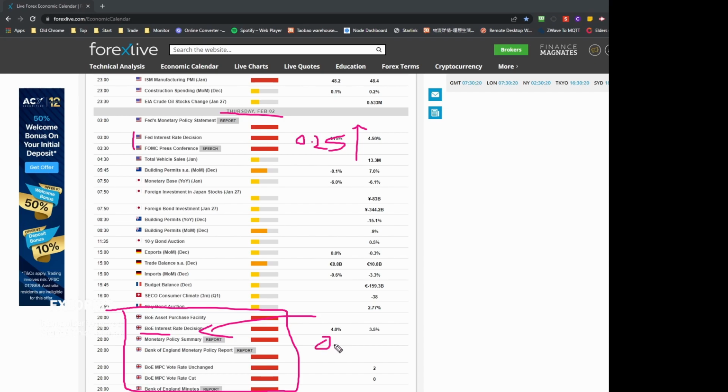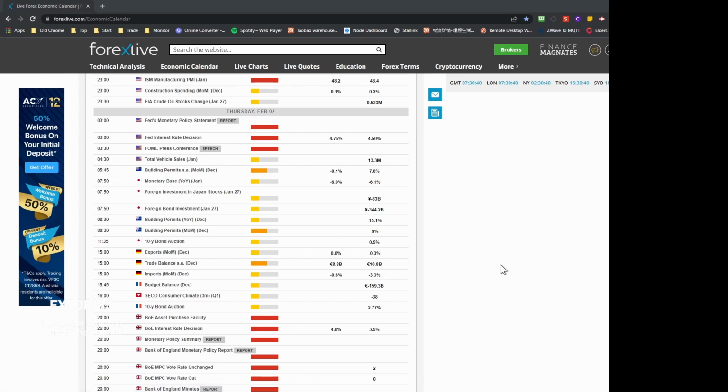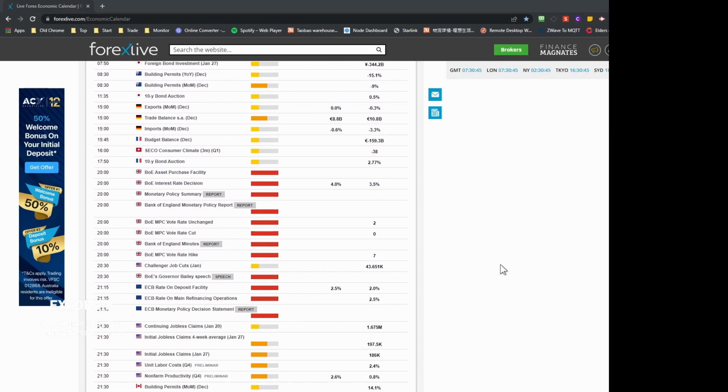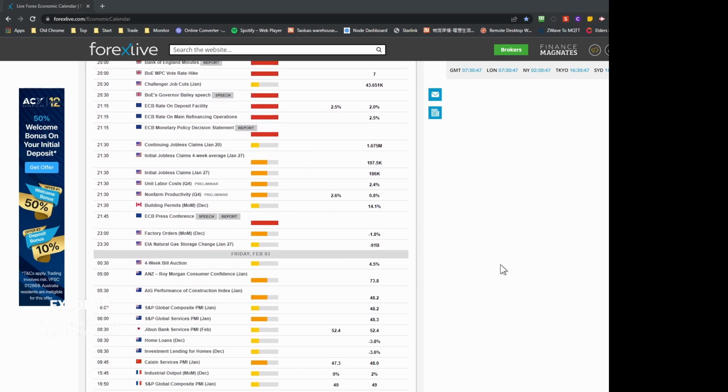Bank of England 0.5 increase. Okay, how will this affect the GBP USD pair? I don't know. I don't want to give you a bias direction, whether up or down. I don't know. I follow the candle after the news has settled in.